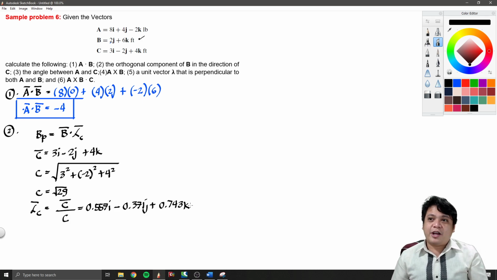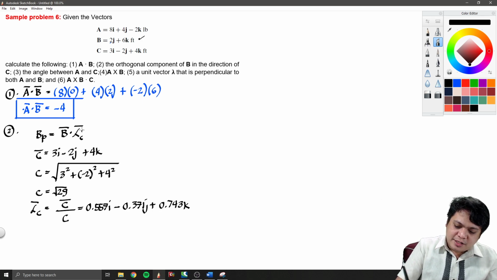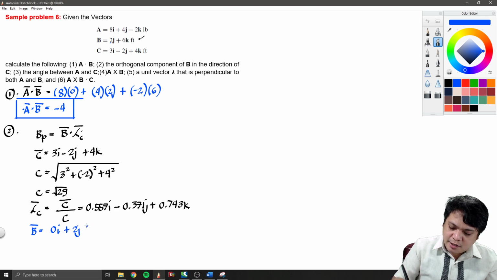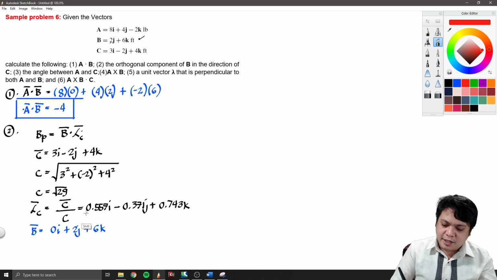Ayan. So, meron na ako ngayong unit vector ng C. So, para makuha ko si BP, from this formula, i-dot product ko yung B. Okay, meron na akong B eh. So, that is 0i, and then plus 2j, and then plus 6k. Okay? So, I will have the dot product this one, and then this one.